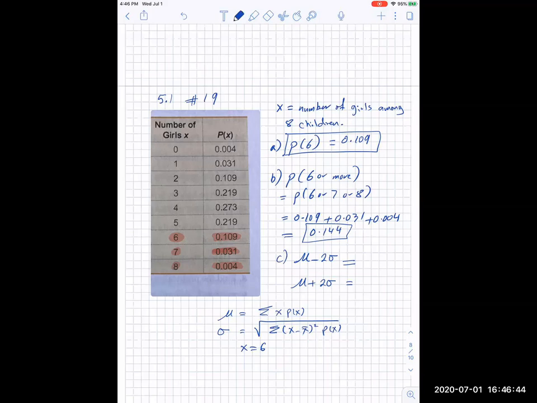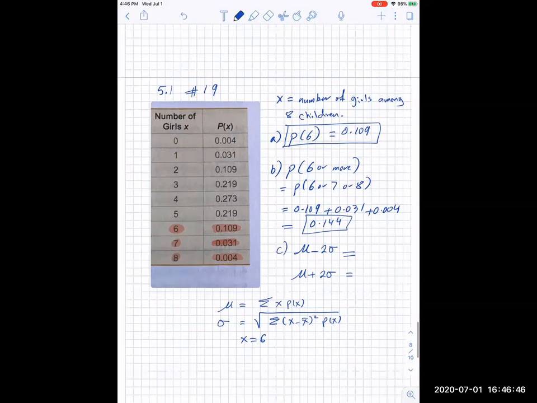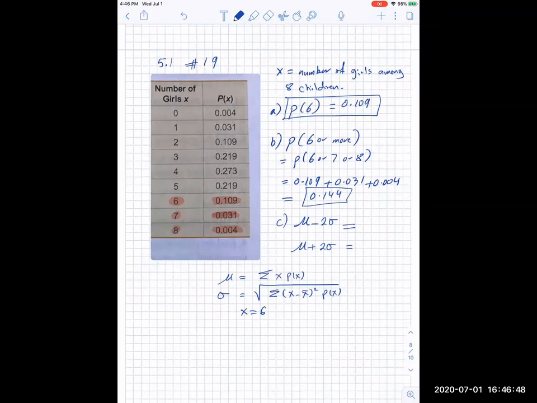Real quick, Professor, on the standard deviation formula that you put here, do we also subtract the mean squared, or is this the formula?